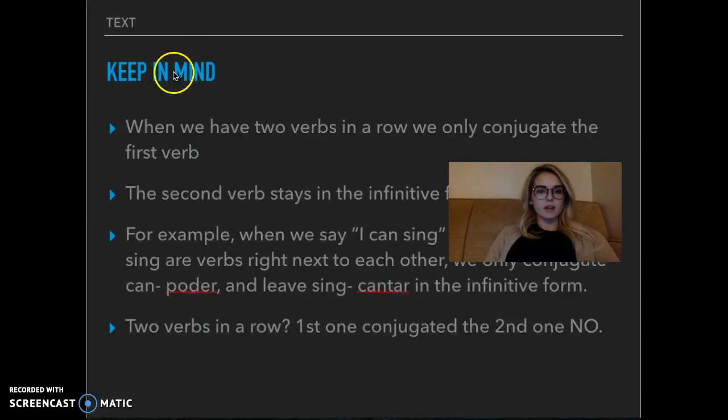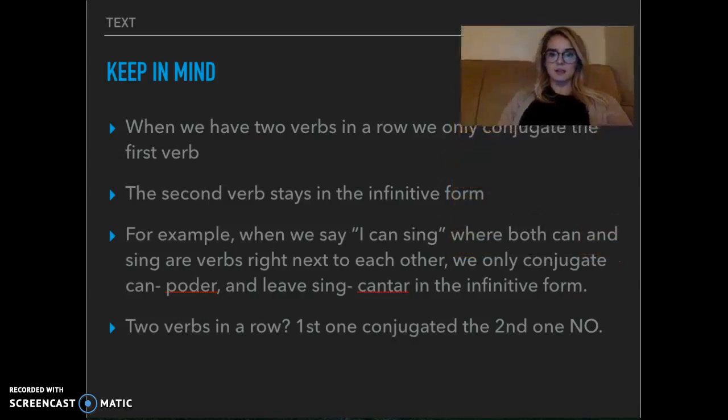One thing to keep in mind is that when we have two verbs in a row, we only conjugate the first verb. Two verbs in a row, the first one conjugates, the second one no. The second verb will stay in the infinitive form. For example, when we say I can sing, where both can and sing are verbs and are right next to each other, we only conjugate can, the first of the two verbs, which is poder, and we leave sing, or cantar, in the infinitive form.